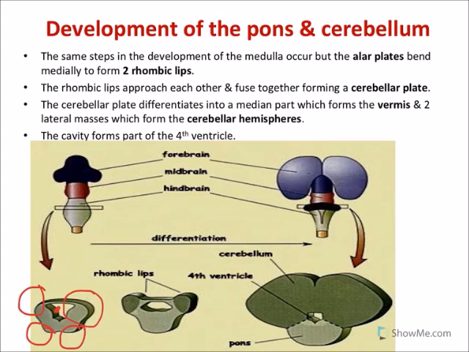What happens in the case of the pons is that the alar plates will develop and move medially to form what is called the rhombic lips. So the alar plates, which are situated dorsally, will develop into these rhombic lips, and these rhombic lips will enlarge and approach each other to form the cerebellar plate.